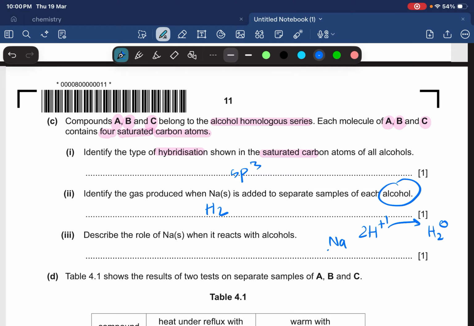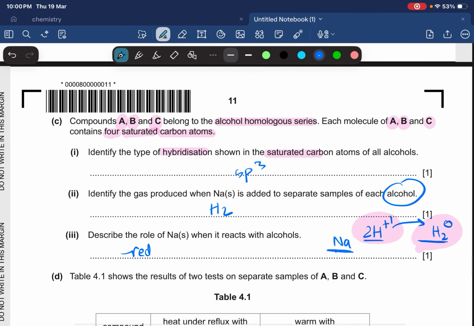So sodium is a reducing agent here, because hydrogen is being reduced. Who's reducing it? Sodium is reducing it, because in alcohol hydrogen has an oxidation state of +1, but in hydrogen gas it has an oxidation state of 0. So that's why sodium is acting as a reducing agent, and hydrogen ions act as oxidizing agents.